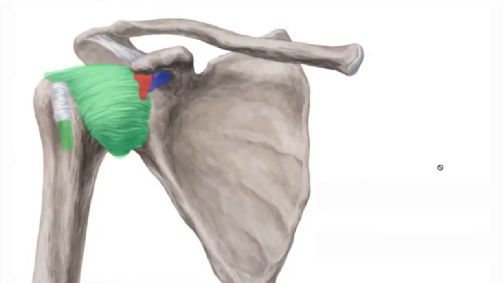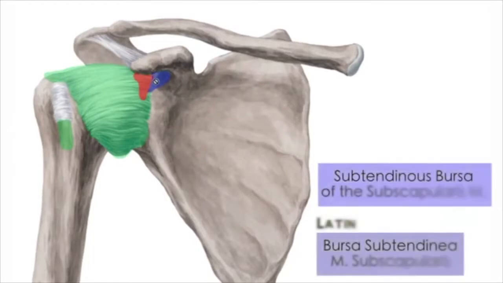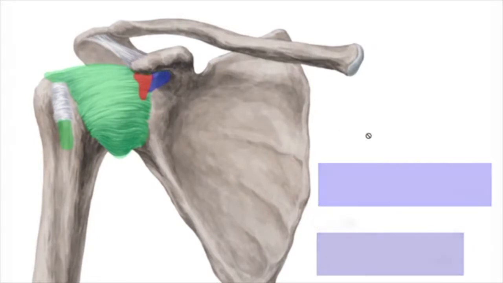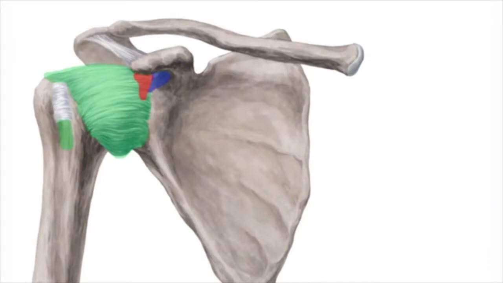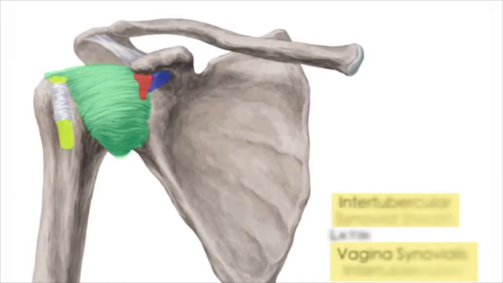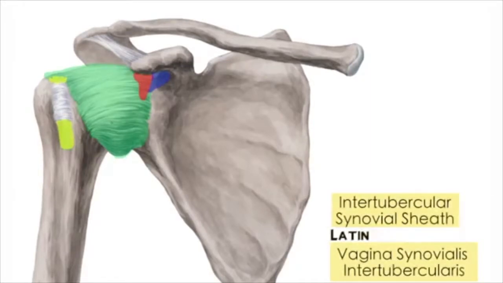The next one is highlighted in blue, and this is the subtendinous bursa of the subscapularis muscle. So this is just beneath the tendon of the subscapularis muscle. And the next one, this yellow structure here, is known as the intertubercular synovial sac.